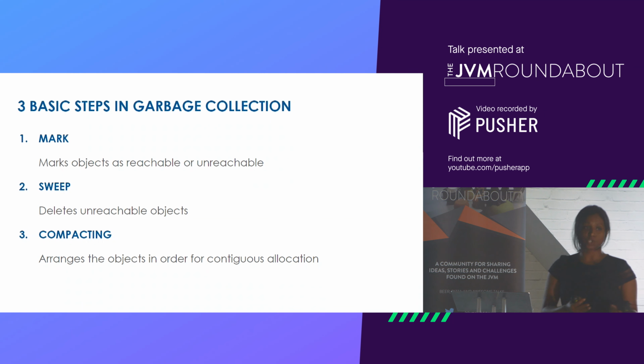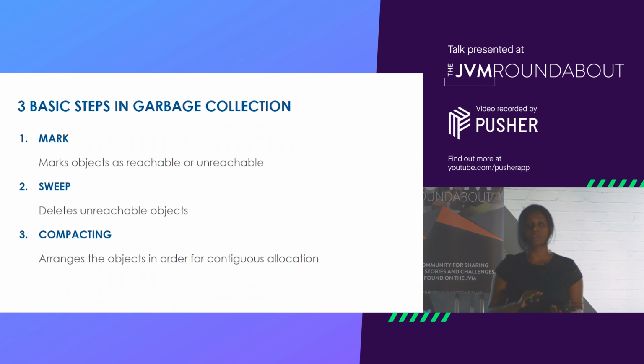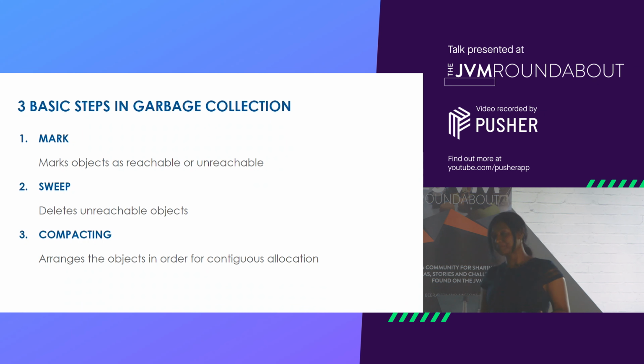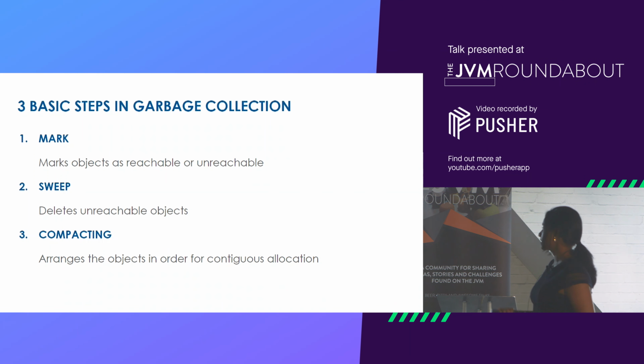Now we know which objects are unreachable. The garbage collector will then delete all these unreachable objects from the heap. Then compacting. Once the objects have been removed, you can imagine gaps in your heap. The process of compacting is very simple, just arranging all these objects in order to allow for contiguous allocation. So these are the three main steps.